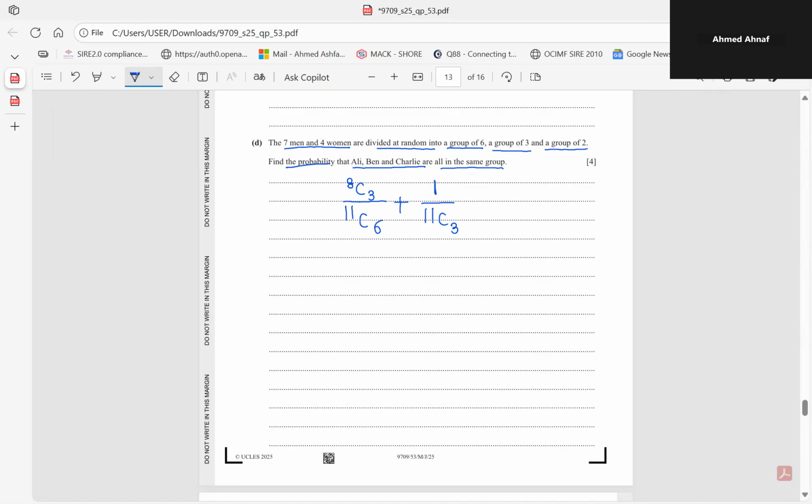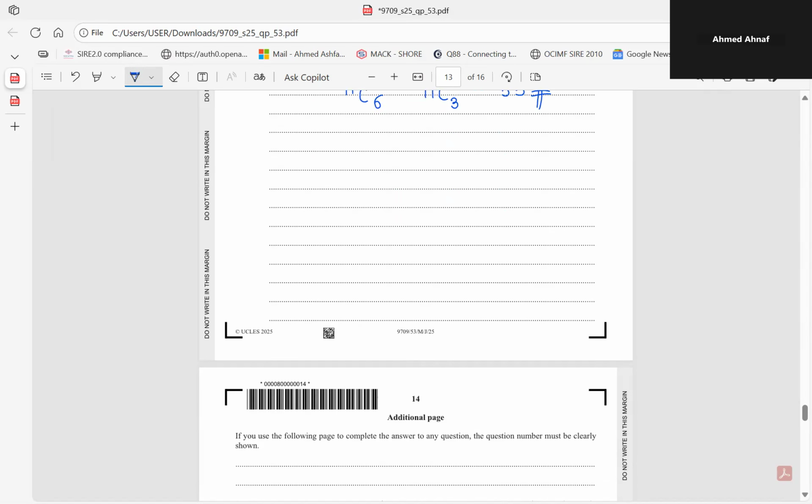There won't be any more slots to fill up. And then obviously it's not possible for all 3 of them to be in a group of 2, so we'll just ignore that. So type this into your calculator. You would get 7 over 55. So this is our final answer for this part.